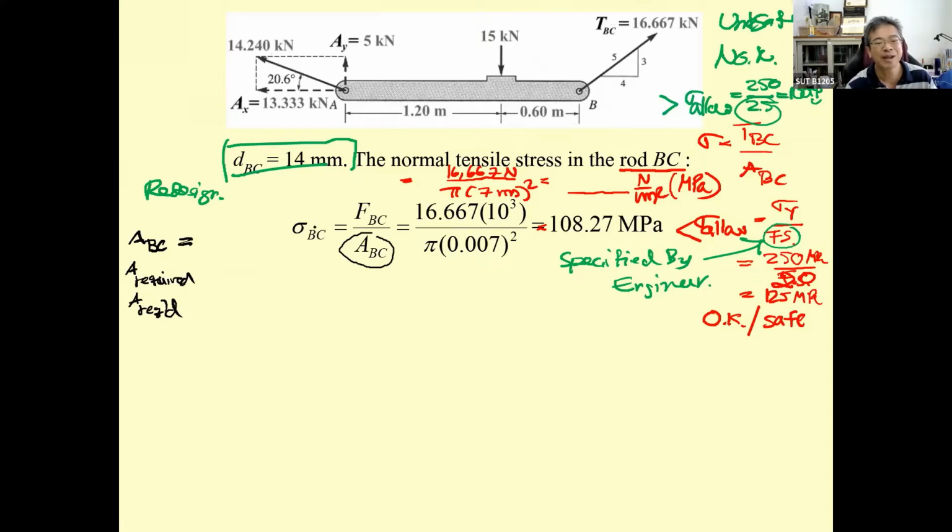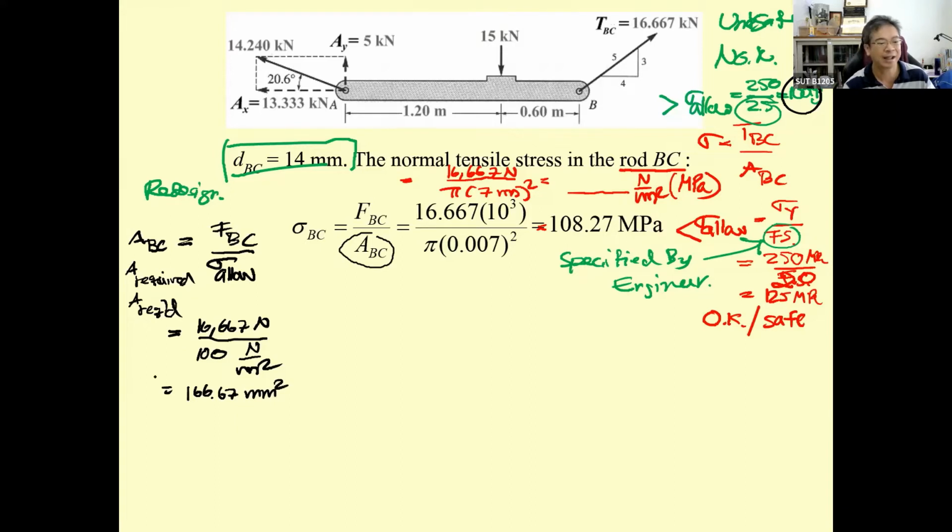It's going to be this one up, and that is going to be F sub BC divided by this sigma allowable. So what we have now is going to be equal to 16,667 Newton divided by 100 Newton per square millimeter. So this one, you will get the answer of 166.67 millimeter square. Again, this is going to be pi r square.